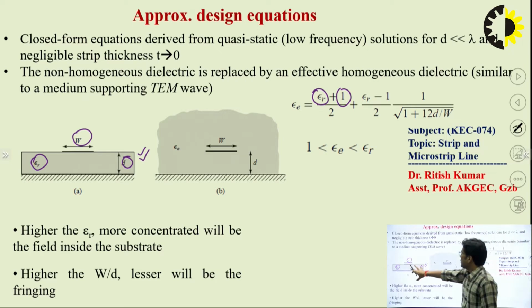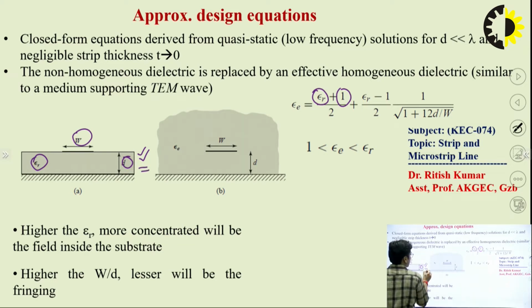We can consider this transmission line in a similar manner by taking the effective relative permittivity using this formula, and say the central conductor has a homogeneous surrounding medium as well.